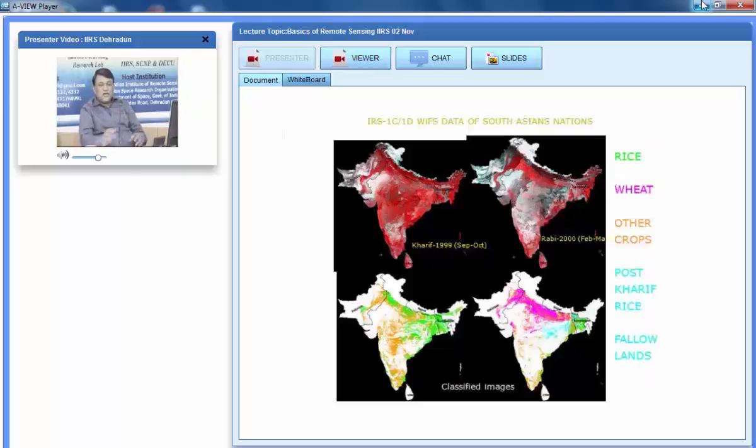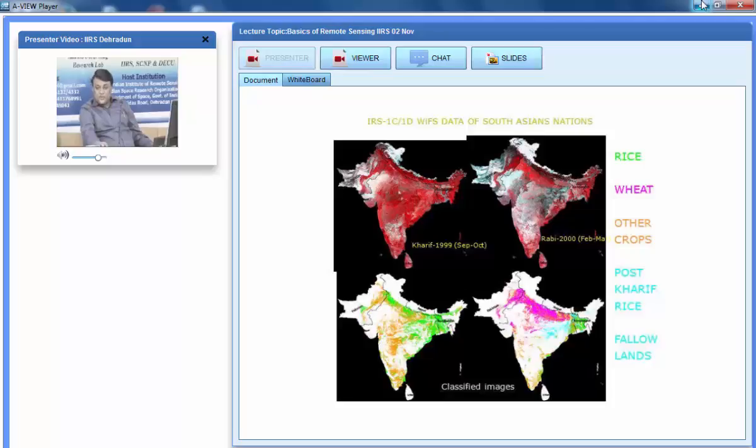So this is one more exercise based on the decision rule hierarchical procedure where whole India level dominant crops, particularly rice and wheat, are discriminated based on multi-date satellite data. Approximate coverage one can obtain for crop distribution. Earlier we saw the sample segment approach, where you can get district level acreage estimation.